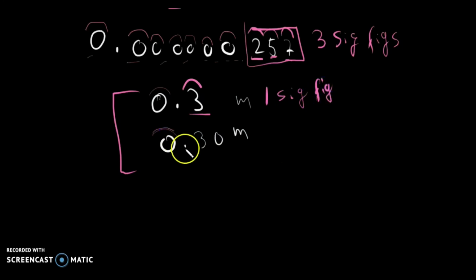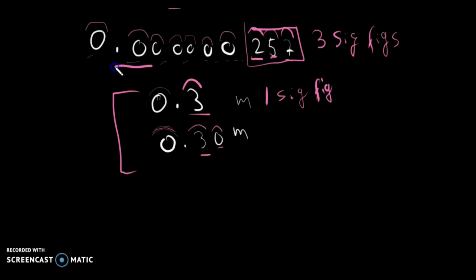Let's try and do the same on the other one. This first 0 does not count. This is the first digit that gives us information, and zeros to the right of that digit also count as significant figures. Why? Because if you have a 0 after the first digit that gives you information, that 0 is also telling you where your measurement is.